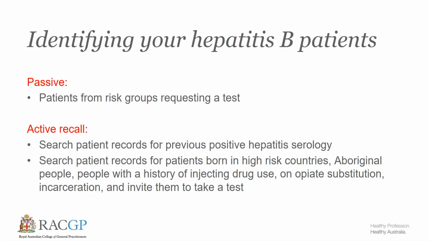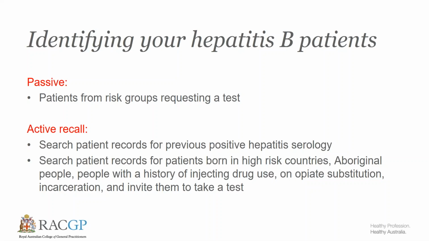Some of that may be searchable in the patient record for us to do active recalls of people, saying we'd like you to come in for a hepatitis B test. And some of it will be just good history taking, knowing our communities, and that there are communities where, for example, IV drug use may be prevalent, and so being able to ask that.